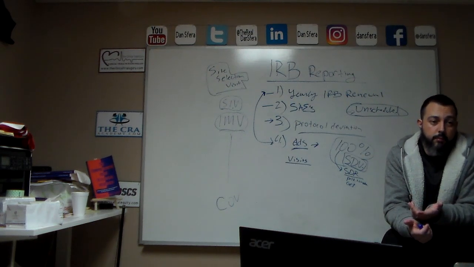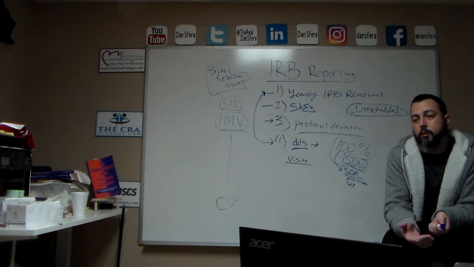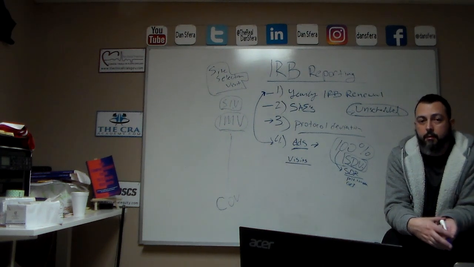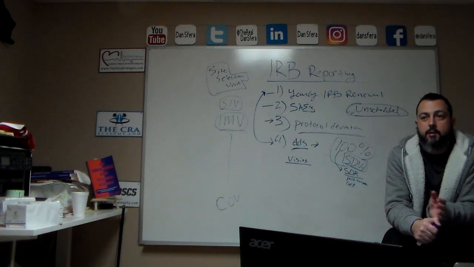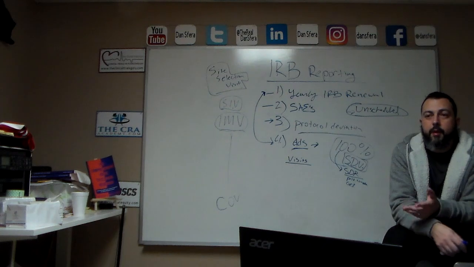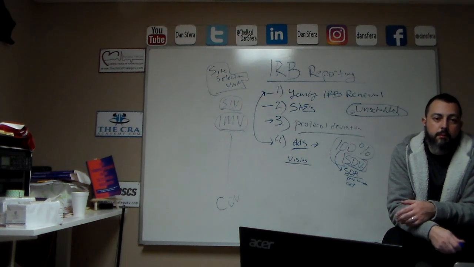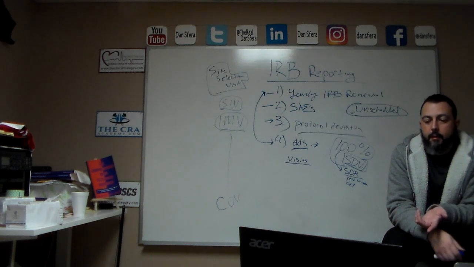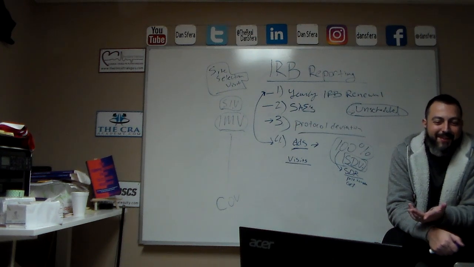SAEs are major. Protocol deviations are major. You know the major stuff already. And what are the minor ones? Minor ones are like forgetting to put a header or not putting a dash in between the initials. No one's going to hold you to the firing squad if you missed one of those.